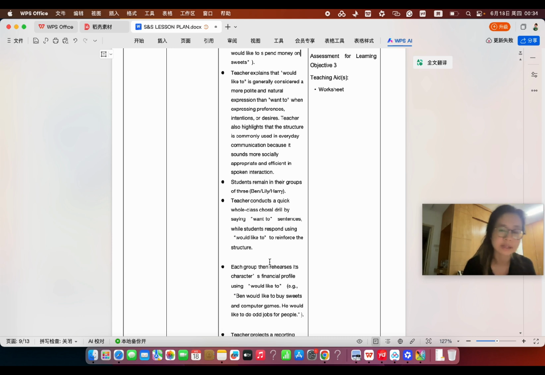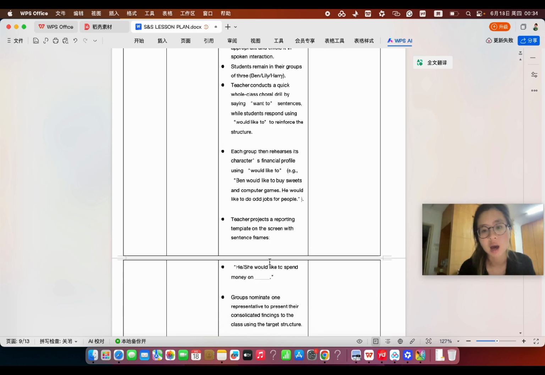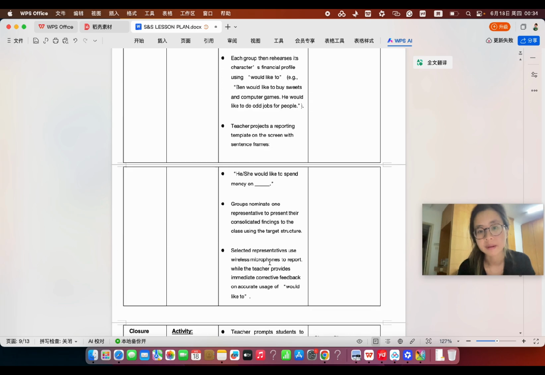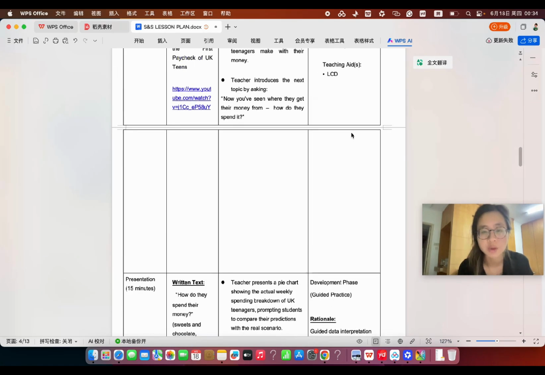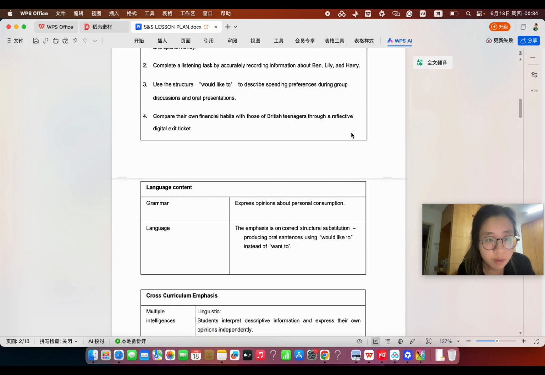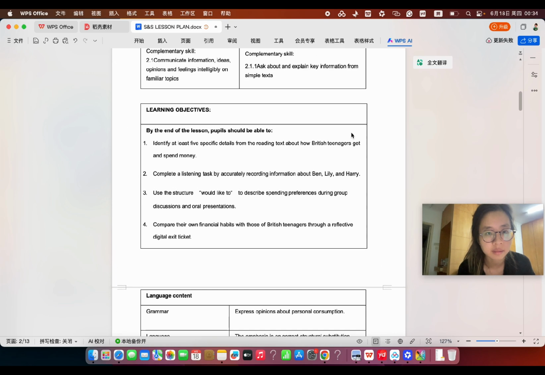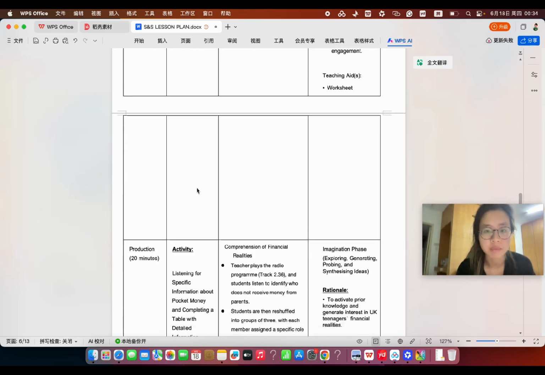Students' ability to use would like to accurately while reporting serves as evidence that learning objective 3 has been supported. Learning objective 3, as written in the formal page, is to use the structure would like to describe spending preferences during group discussion and the oral presentation.